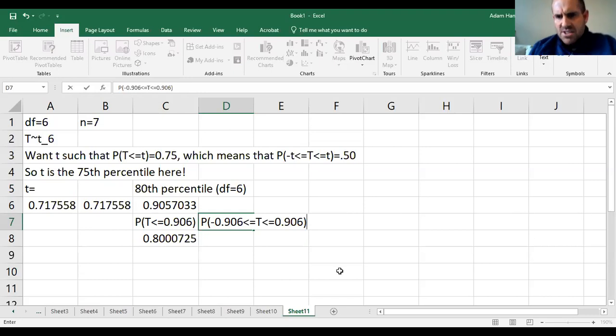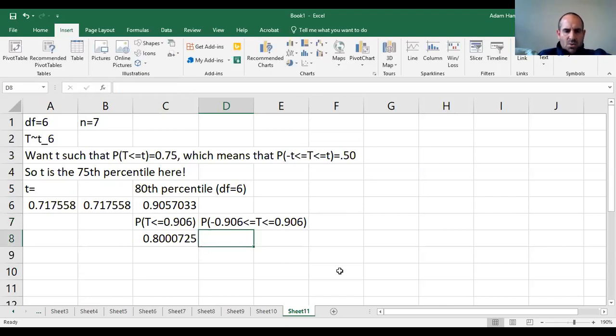Since I have this symmetry in the t distribution and it was 80% below it, that means 20% was above. So if I reflect across, I'm chopping off 20% in the left tail. So what's that going to be? Well, it should be roughly 60%. Let's check that out.